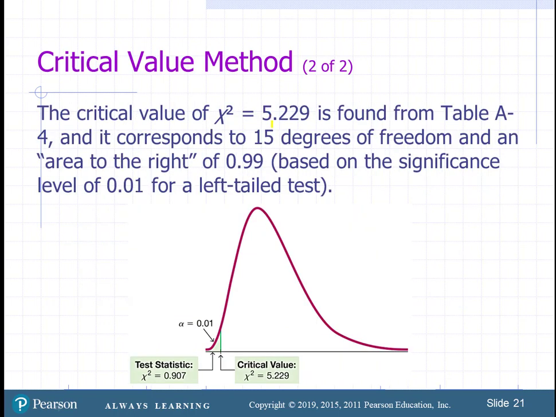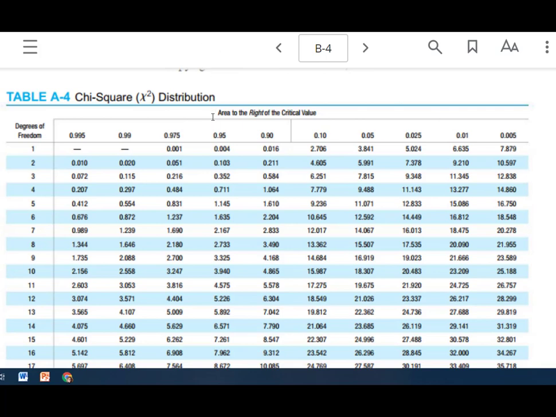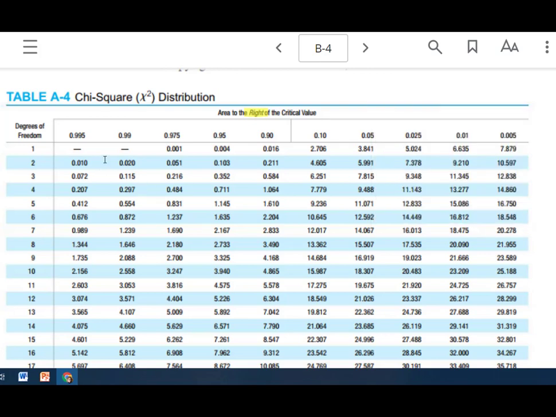What we're going to do is find that critical value. I just pulled in Table A for the chi-squared distribution, and remember, for that it's the area to the right of the critical value. So you need to be careful and remember that. The area to the right, and our significance level of 0.01, we're going to concentrate here on our 0.99 column.